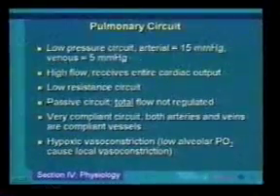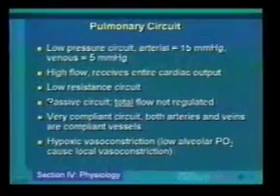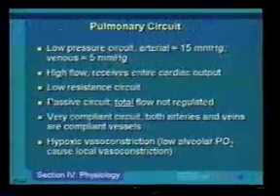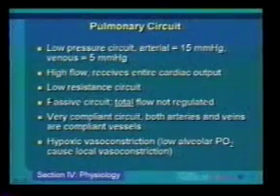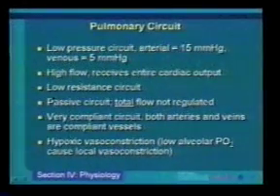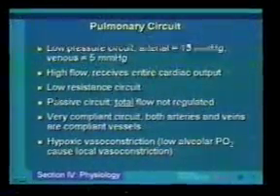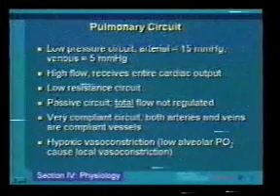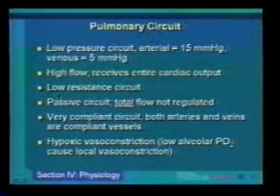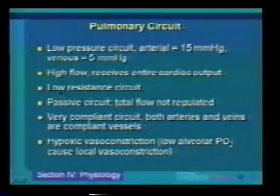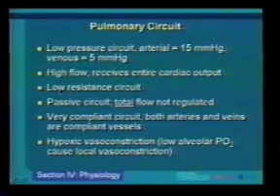That is, total flow is not regulated. The systemic and pulmonary circuits are connected in series, and you cannot independently regulate two structures connected in series. Therefore, we regulate the flows through the systemic structures, and because of that, we cannot regulate the total flow through the pulmonary circuit.